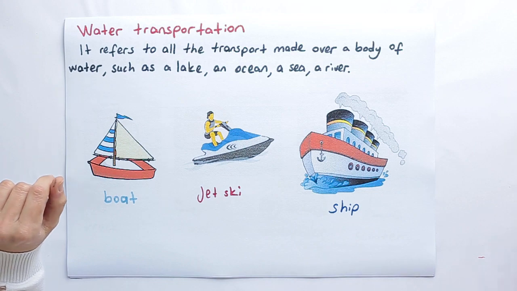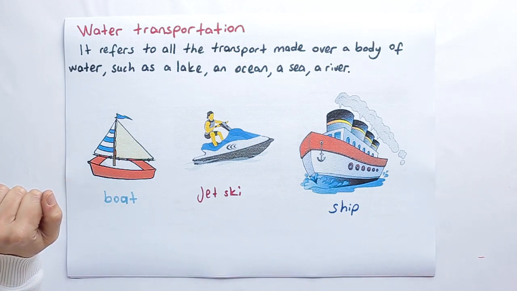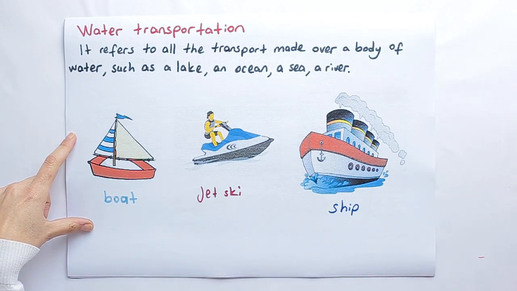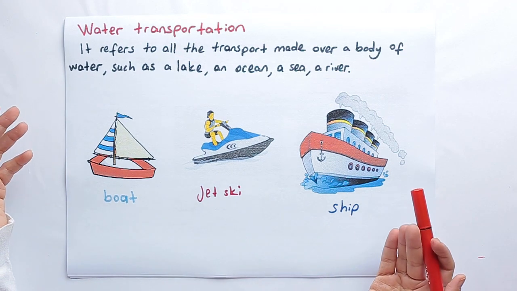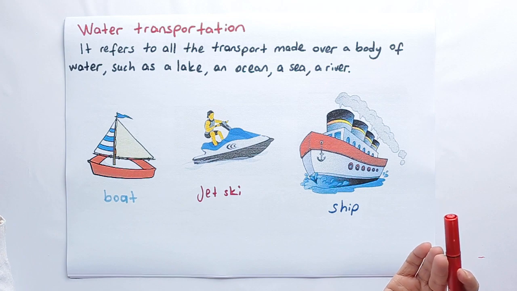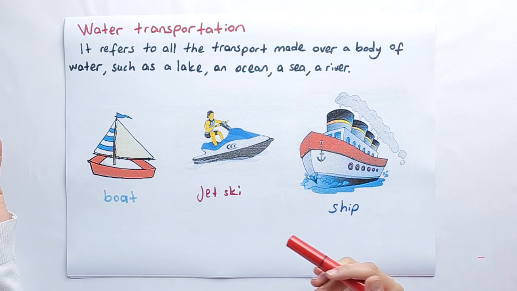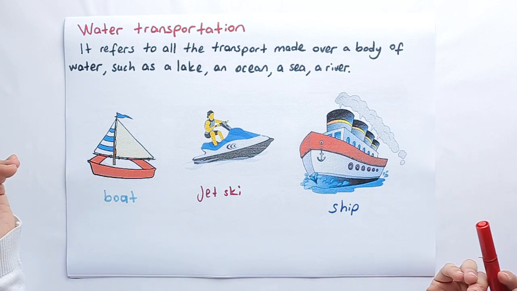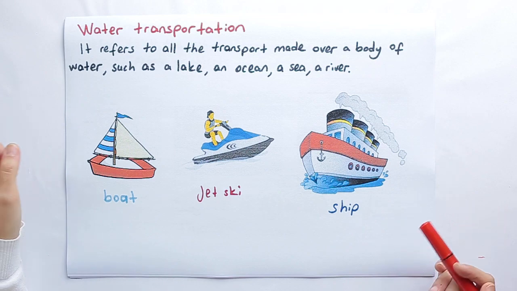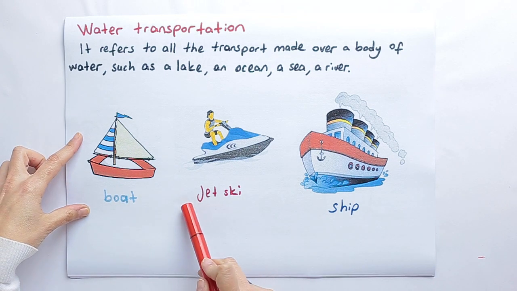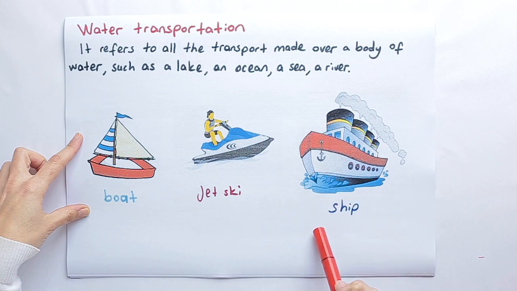The other one is water transportation. It refers to all the transport made over a body of water, such as a lake, an ocean, a sea, or a river. For example, boat, jet ski, ship.